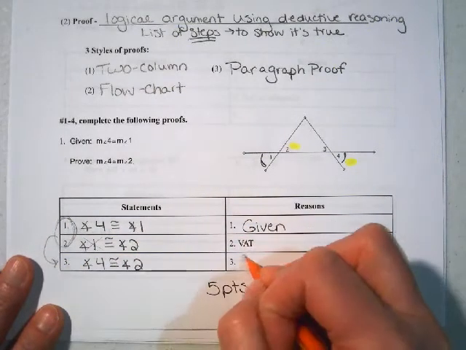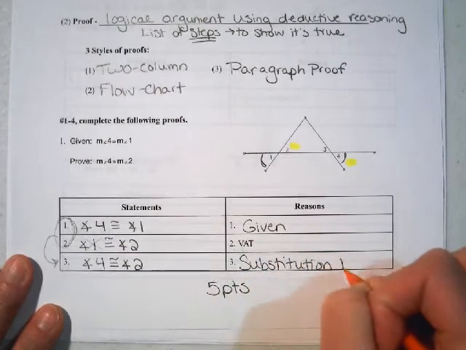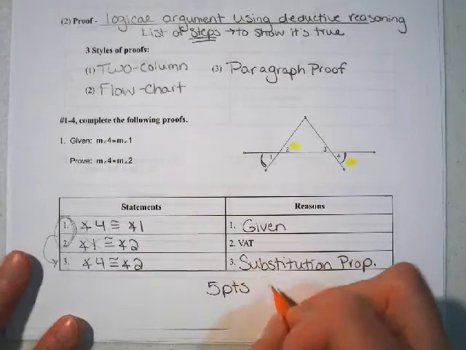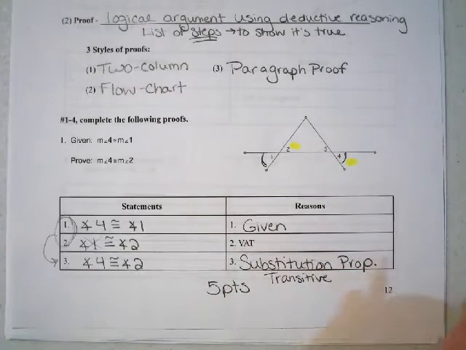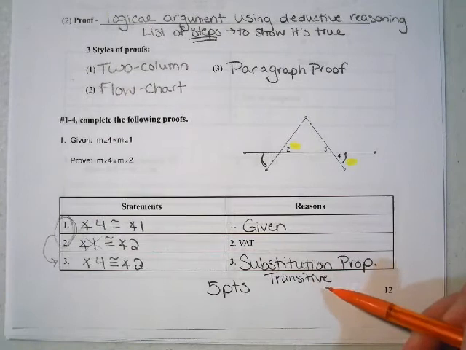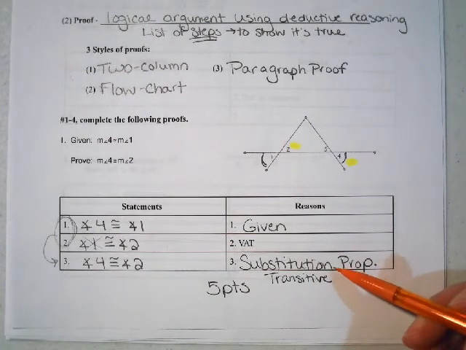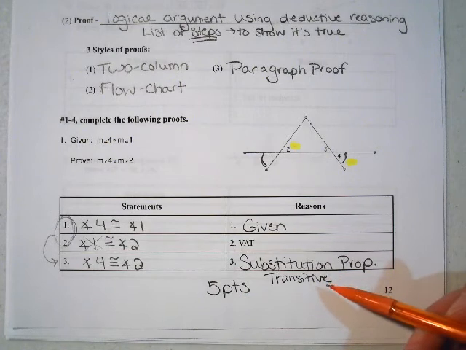How did we combine these to get to the 3rd step? And I would just say substitution. Now you could use the transitive property here. The transitive property would also work, but personally, I like substitution. And we talked about this in the last lesson. Transitive sometimes does not work, whereas substitution always works.